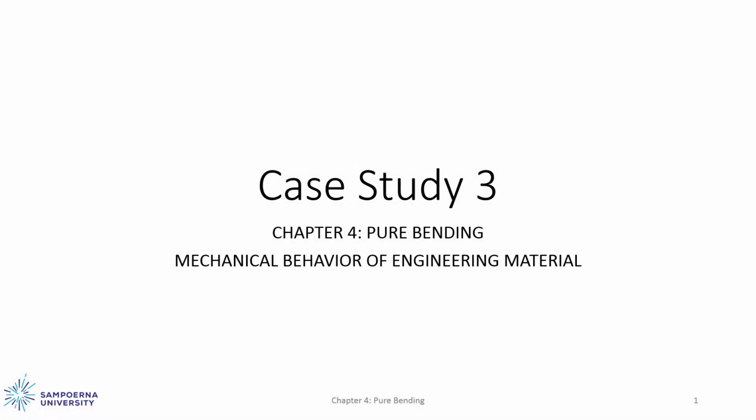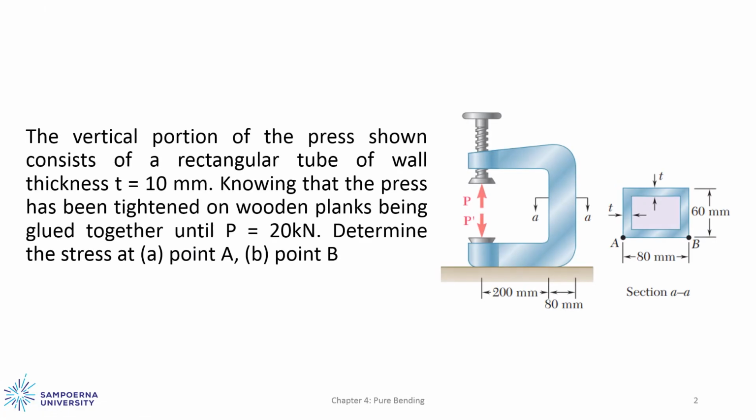Chapter 4, Case Study 3. Here, we are given a press with a vertical portion consisting of a rectangular tube of wall thickness t equal to 10 mm.